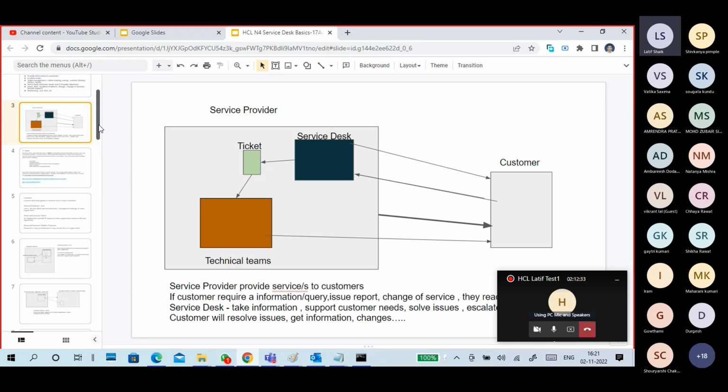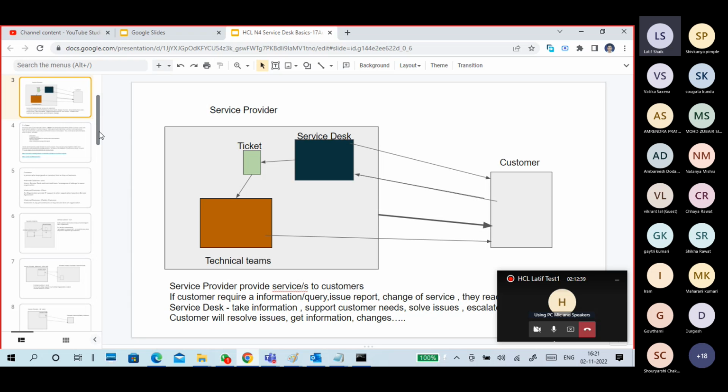A service provider provides a service, and the customer takes the service, right? If the customer requires something, some query, some information, or wants to report an issue, or change certain services, then he will contact the service desk of the service provider.